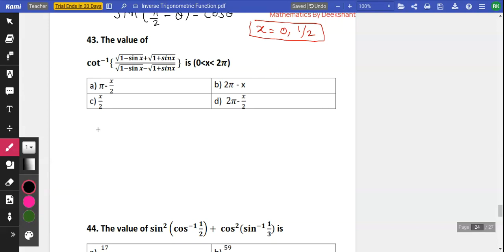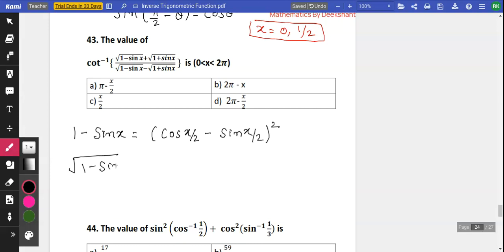Before starting this question, I'm telling you an important formula. Square root of 1 minus sin x is equal to cos x by 2 minus sin x by 2, and this formula is modified when we use the plus sign: square root of 1 plus sin x is cos x by 2 plus sin x by 2. Only the signs are changed.